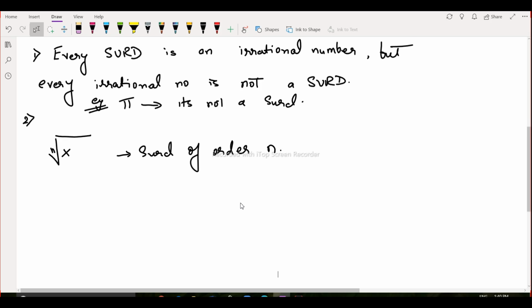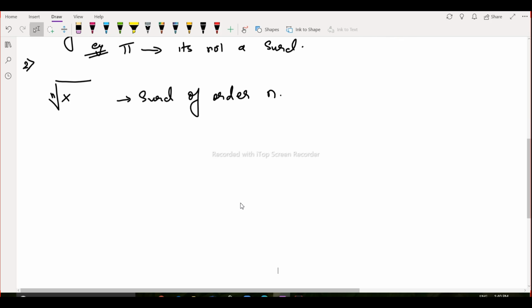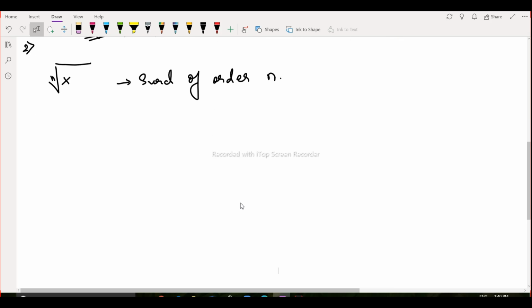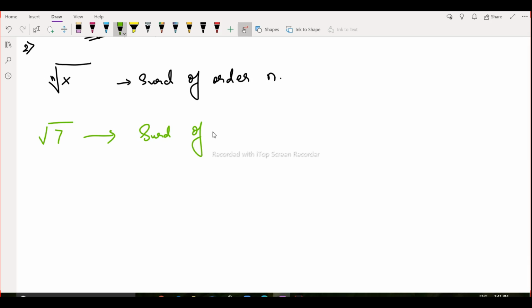Nth root of x is known as surd of order n. So that means if you have square root of 7, this is a surd of order 2. If you have fourth root of 7, this is a surd of order 4.